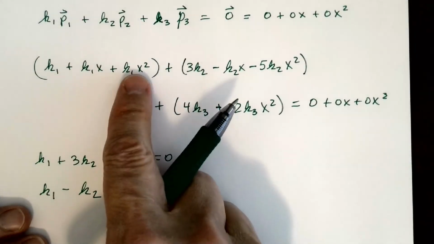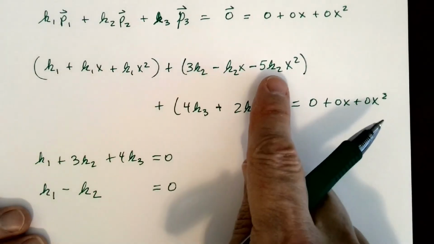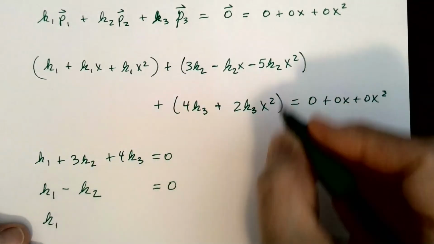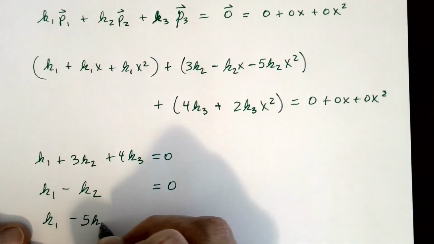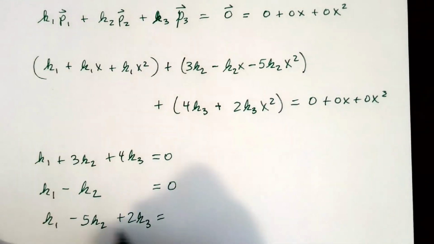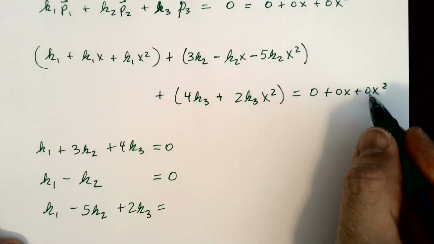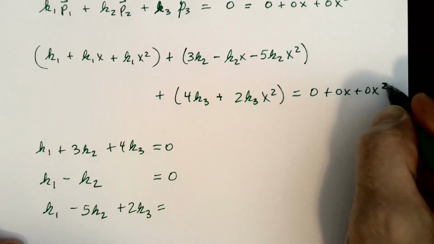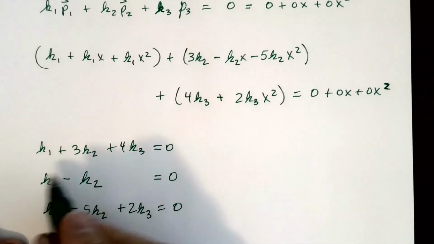And then what's the coefficient of the x squared terms? k1 minus 5k2 plus 2k3. And what do these coefficients have to add up to? What's the coefficient of x squared over here? 0. Notice there are no x's in here.